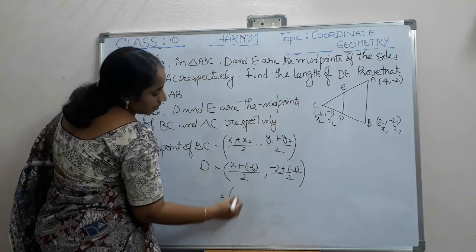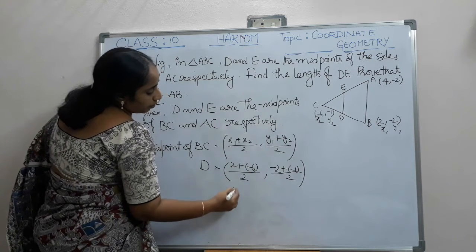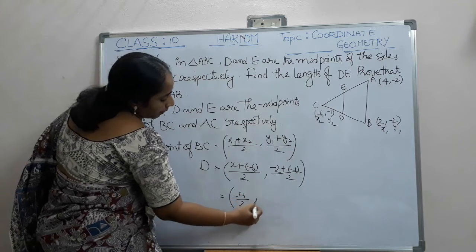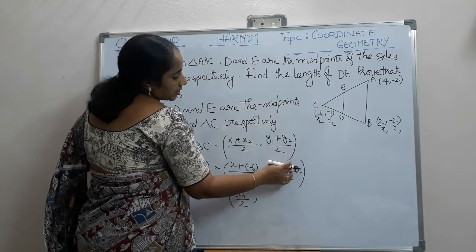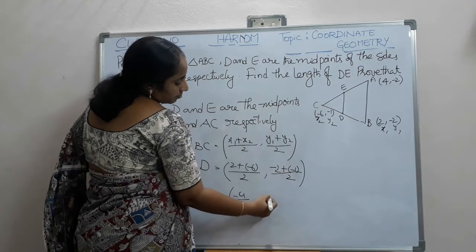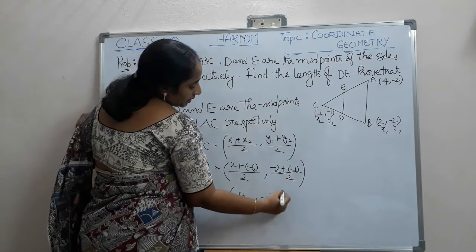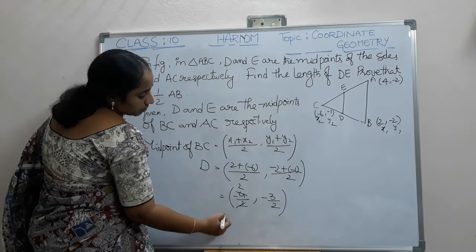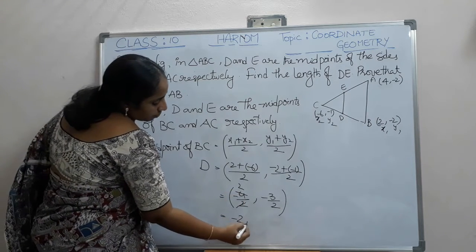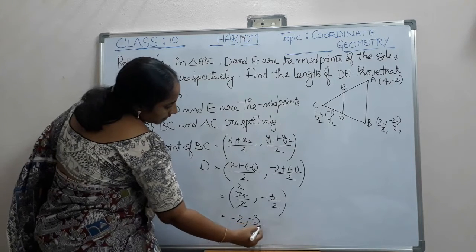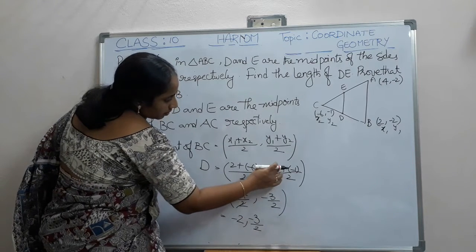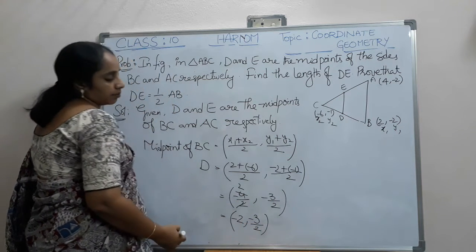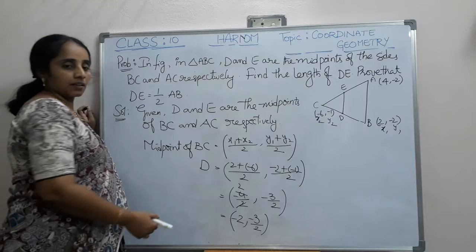It is 2 minus 6, 4 minus 4 by 2, and minus 2 minus 1, minus 3 by 2. 2 ones, 2 twos, minus 2, minus 3 by 2. So the coordinates of D are minus 2, minus 3 by 2.